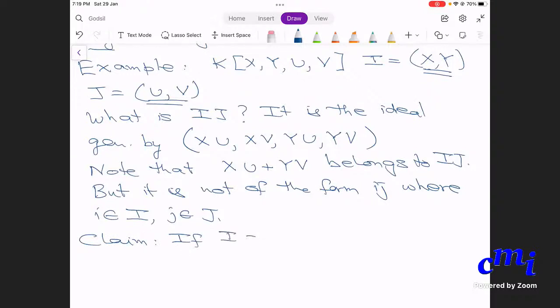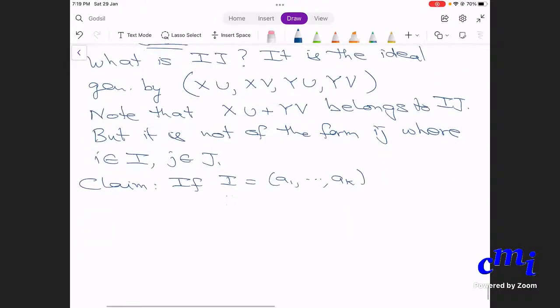If I is generated by A1 up to AK and J is generated by B1 up to BL, then the ideal IJ is generated by all of the products A1B1 up to AKBL.